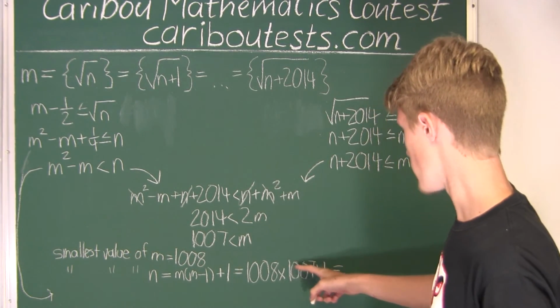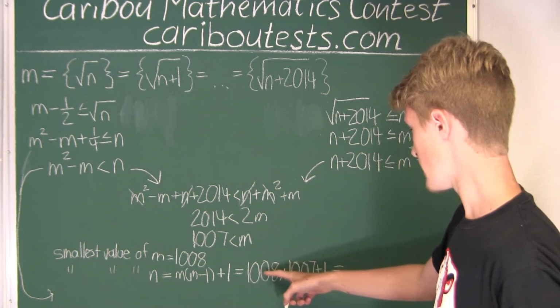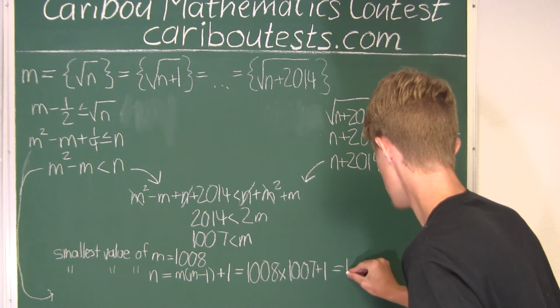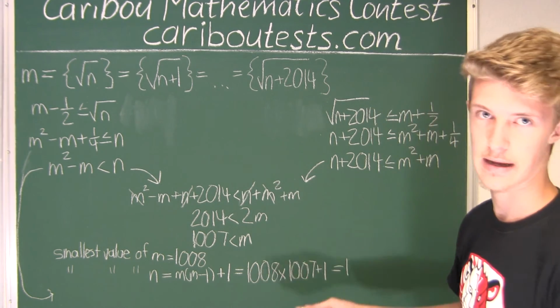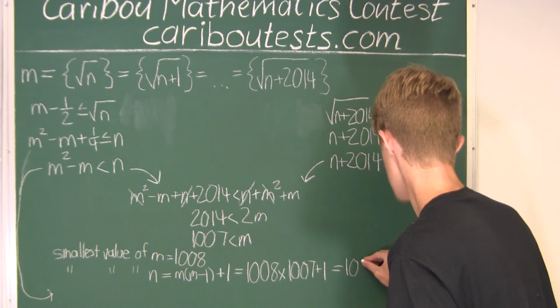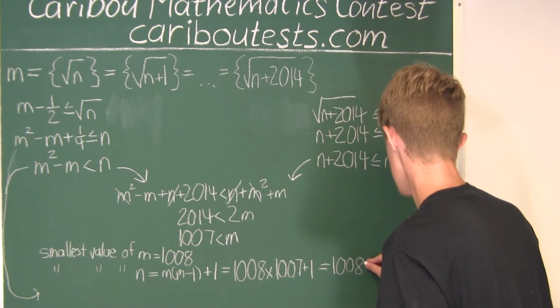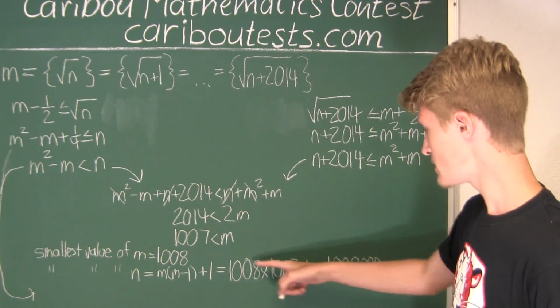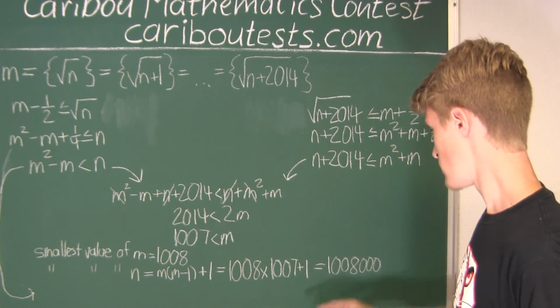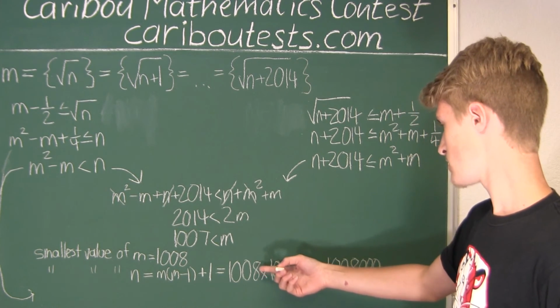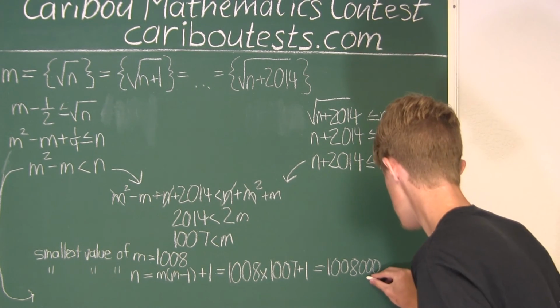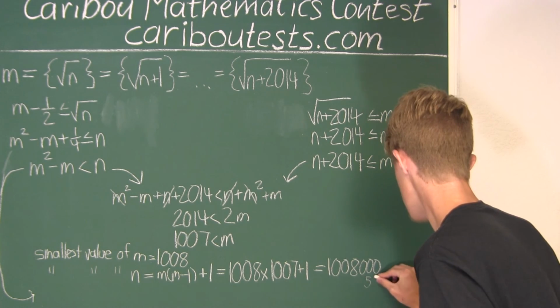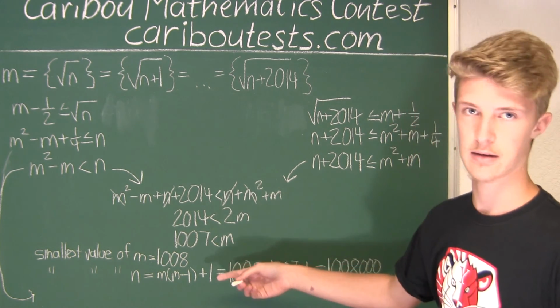Now we'll do 1000 times 1008, which is just adding 3 zeros at the end. Okay, and then we have 7 times 1008. Well, 7 times 8 is 56. And then we just have 7 times 1000 is 7000.